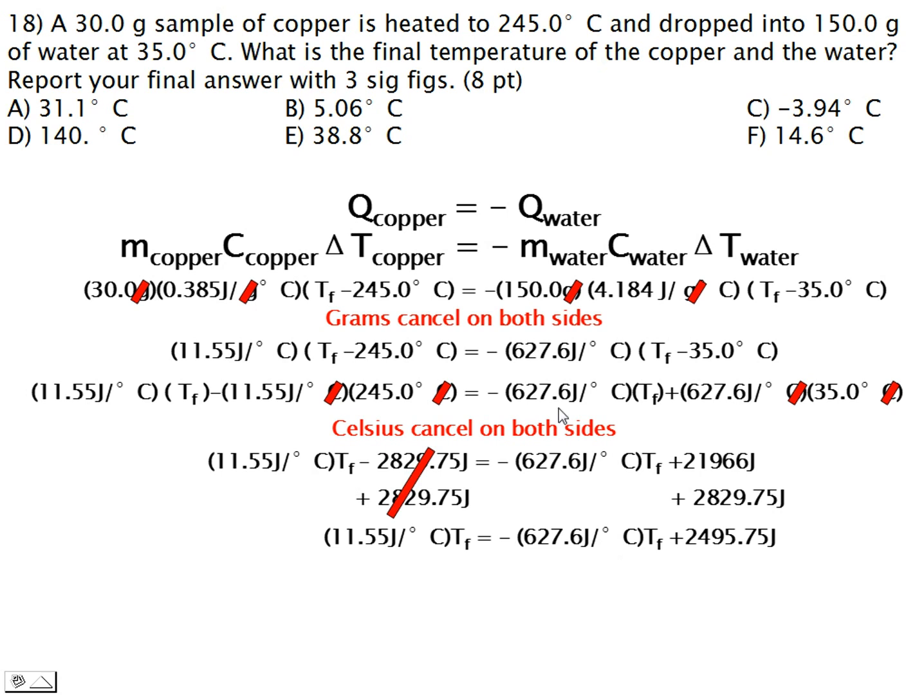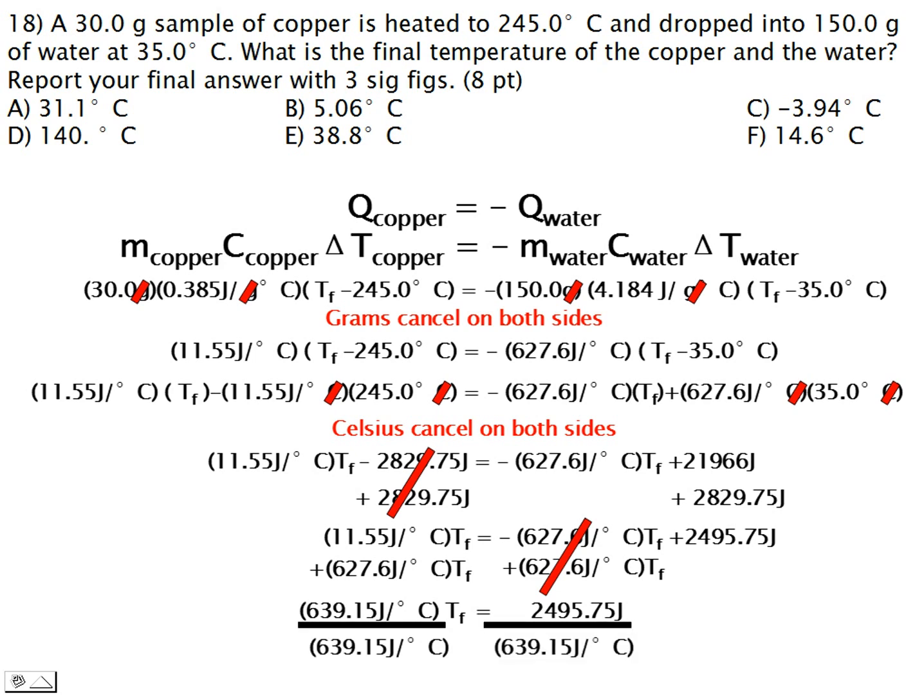Step 5. Add 627.6 joules per degree Celsius times T final on both sides. When doing this, we notice that this number cancels on the right-hand side, and we're left with the following equation. Step 6. Divide both sides by 639.15 joules per degree Celsius in order to isolate T final by itself.